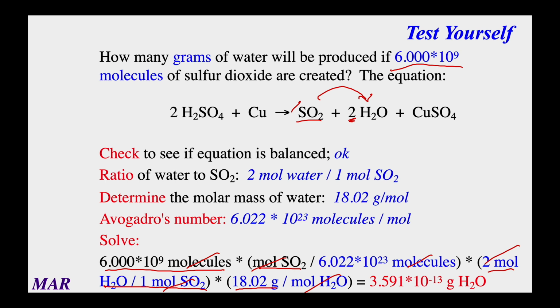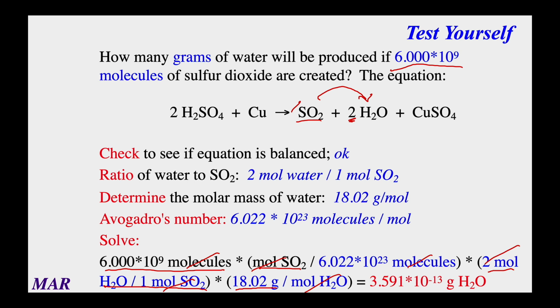Now, a note on your calculator, first of all. In your calculator, what I would do is I would write 6E9, so 6 times 10 to the 9th. That's a quick way to do it. I would divide that by 6.022 E23rd. If you use the E, it automatically sticks to the last number. If you want to write times 10 to the 23rd, then you should use parentheses.